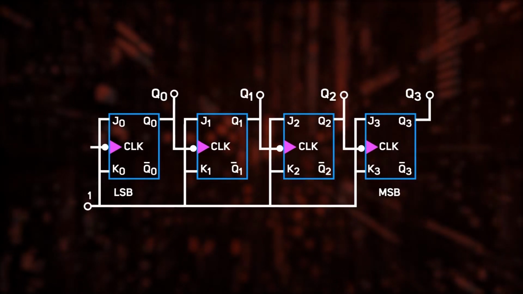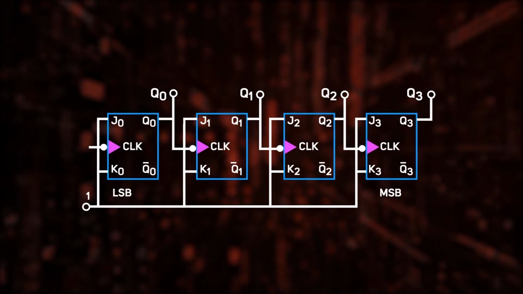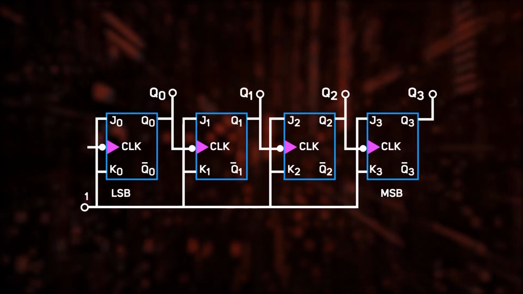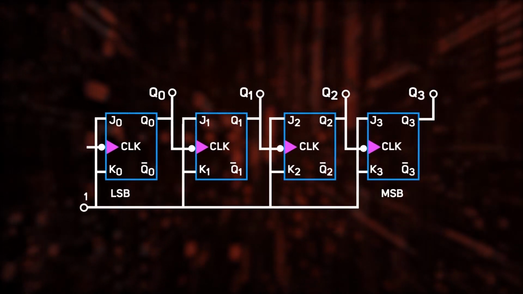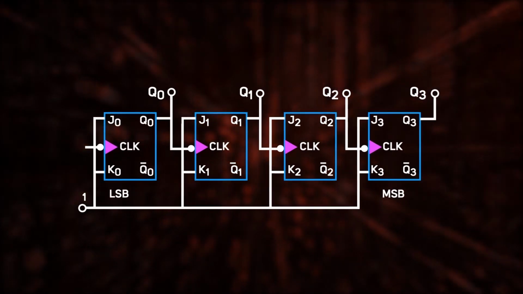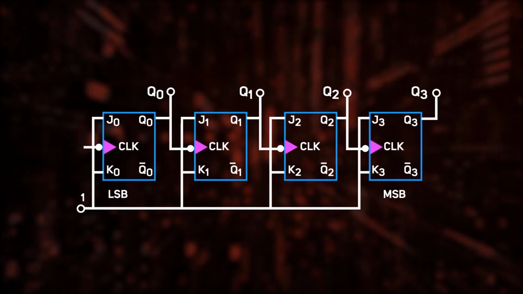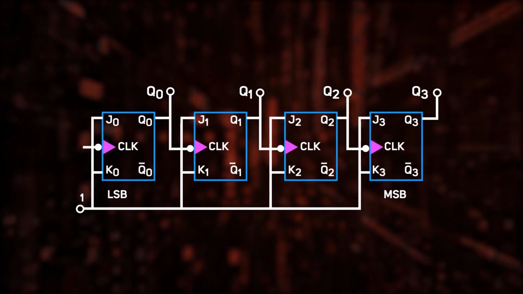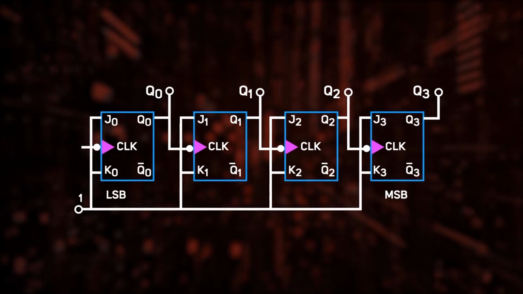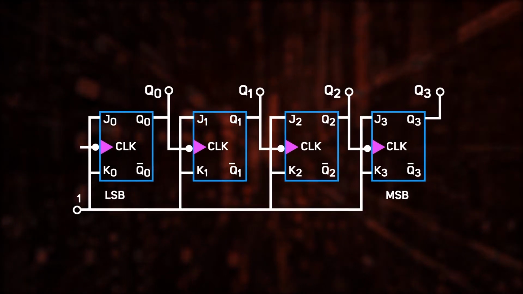What happens when the counter reaches the binary value 1111? In decimal, it is equivalent to 15. That is, we have reached the upper limit of the counter. We cannot count further. What happens then? The clock pulse arrives at the LSB, toggles the 1 in the LSB to 0 and triggers the second higher order bit 1 to 0, and then triggers the toggling of the third bit to 0 and finally triggers the toggling of the fourth bit to 0.